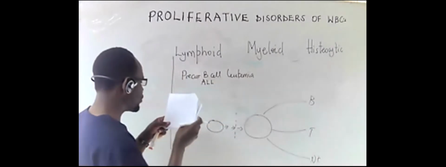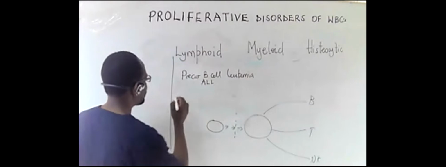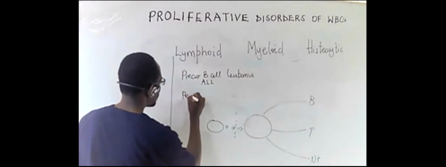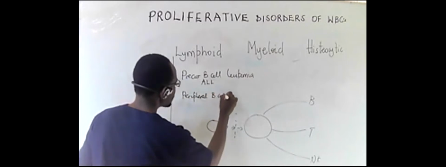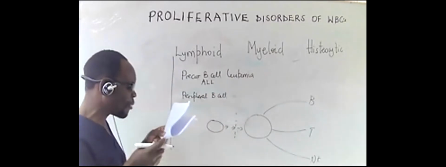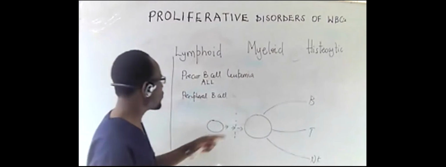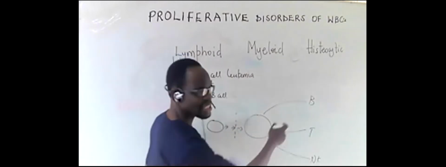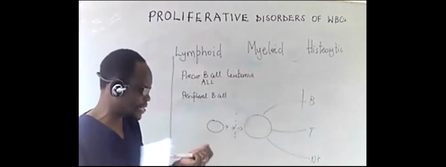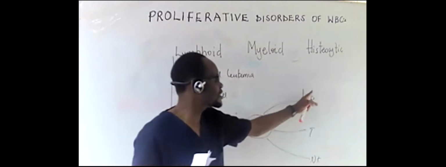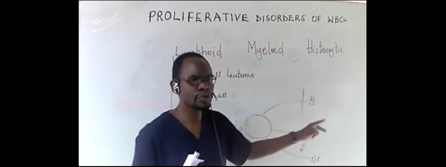And then you can also have what we call the peripheral B cell leukemia. With peripheral, we basically mean it's towards this point, because peripheral basically means at this point, these cells are even going into blood.